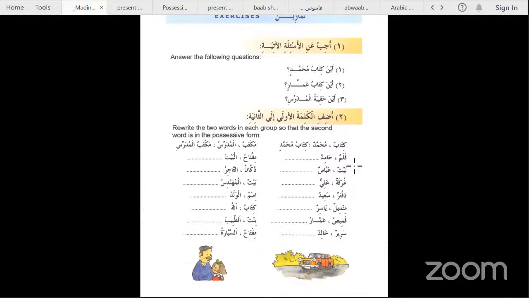Sister Pervin. غرفة علي. بيت المهندس. دفتر سعيدي. Daftaru.